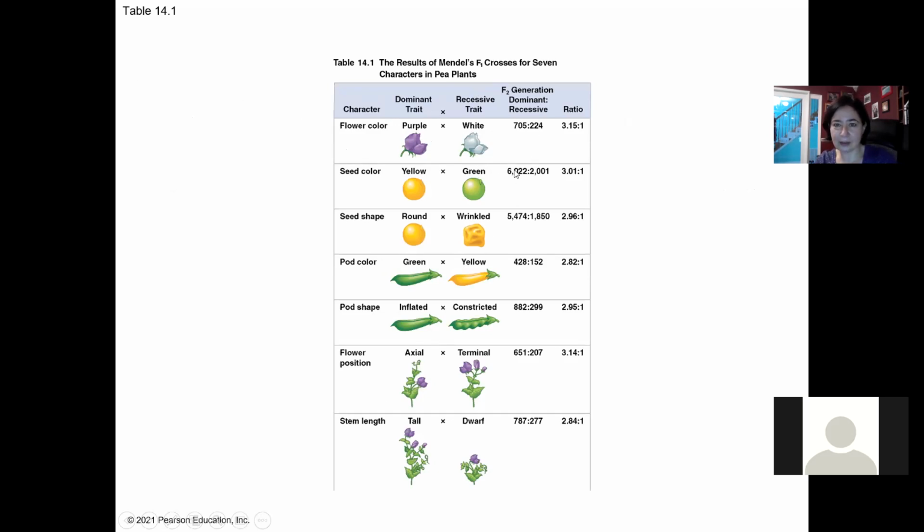And look, he was sitting and counting and counting, and pretty much all the time the ratio was approximately 3:1, or 75% to 25%, right? So 75% you're going to see the dominant trait, in 25% you're going to see the recessive trait. But look at this, counting more than 6,000, almost 8,000 peas.